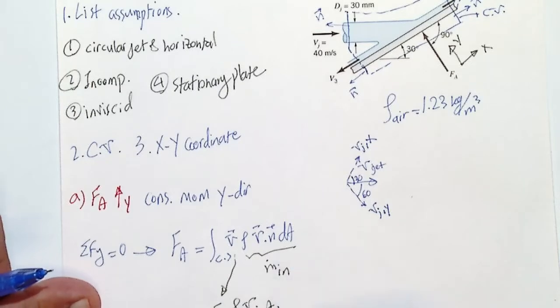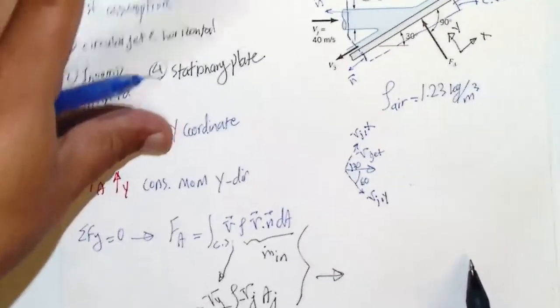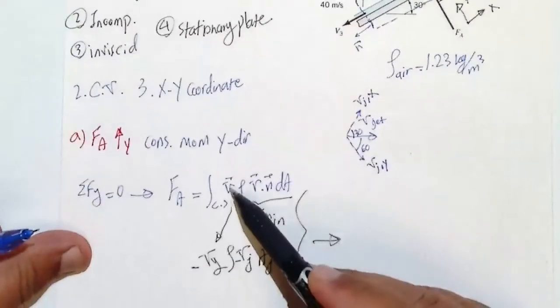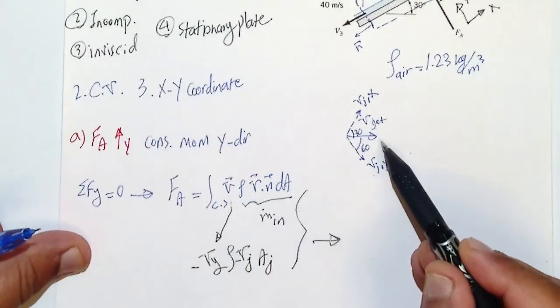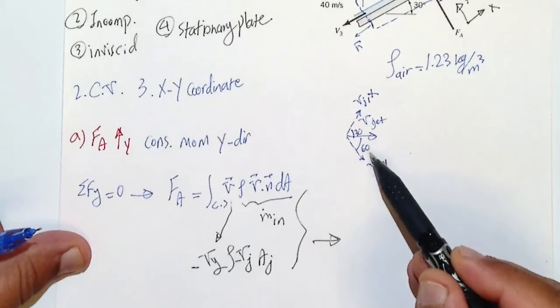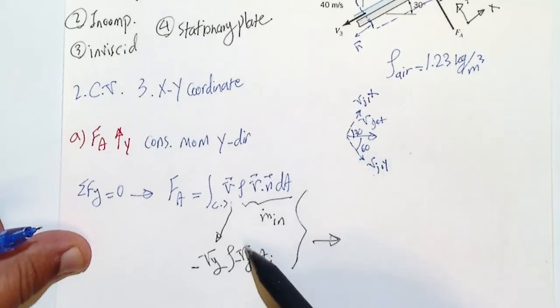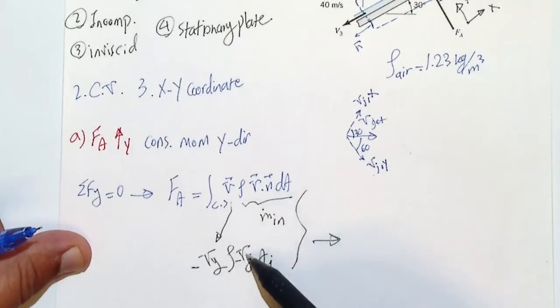Alright, so if you use these two and summarize it, here I replace the V with Vy, which is going to be Vj times cosine of 60, and rho here. V dot n is going to be minus Vj, and dA is going to be Aj.